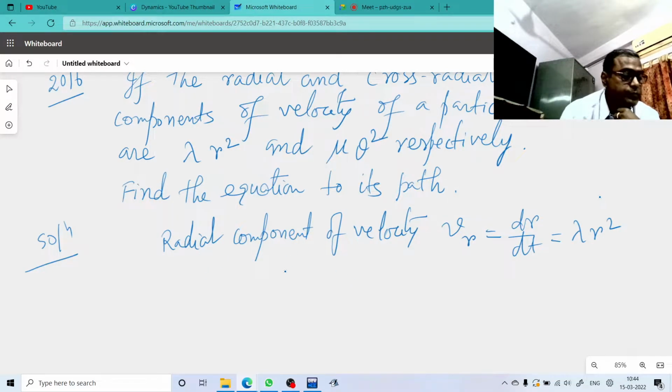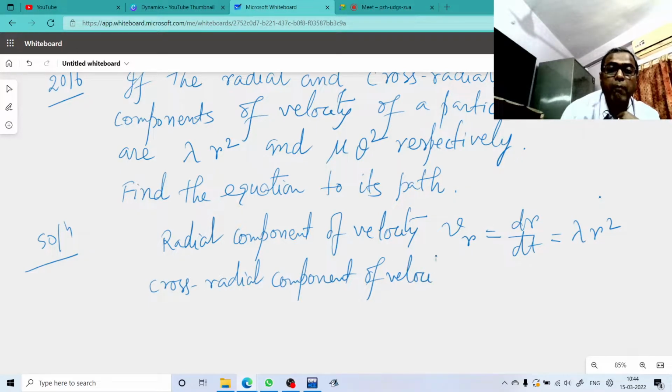And the cross radial component of velocity, v theta, is equal to r d theta/dt. This equals mu theta square.